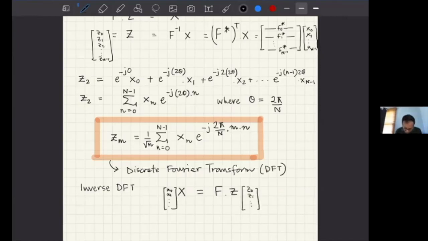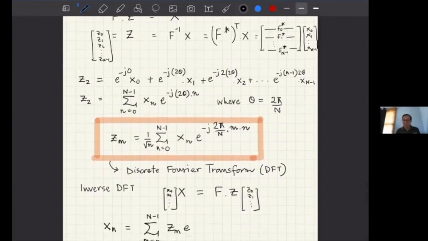So observe that if you want the general value of xn, that would be nothing but sigma, now going from m equals 0 to n minus 1, where m is the frequency, of zm times e to the power, and now it's no longer minus j, because remember, you don't have to do an inverse anymore.